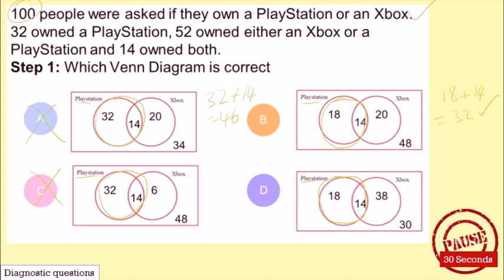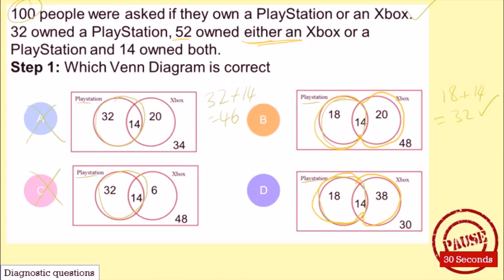The next part of the question tells me 52 people owned either an Xbox or a PlayStation. So the numbers in both the circles added together represent those people who owned either an Xbox or a PlayStation.